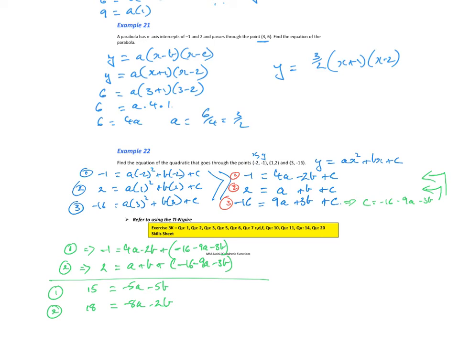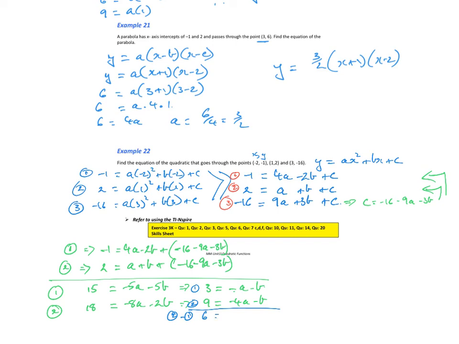Maybe if we cancel down each one first, divide by 5, I get 3 is equal to minus a minus b. And divide by 2, I get 9 is equal to -4a minus b. So let's subtract these 2 equations. So if that's 2 and that's 1, let's do 2 minus 1. 9 minus 3 is 6.